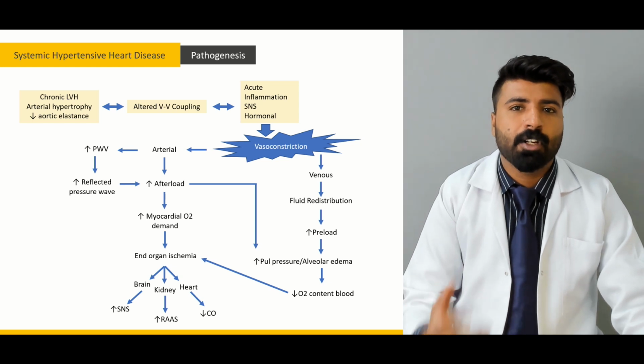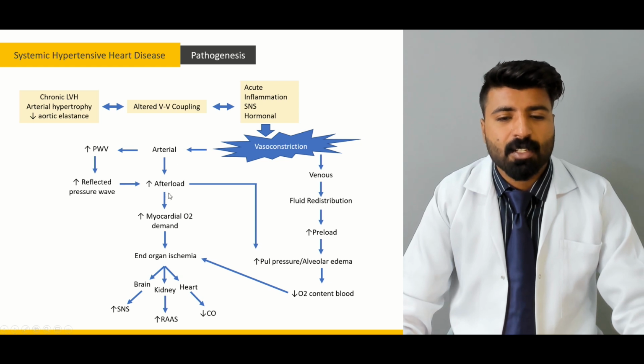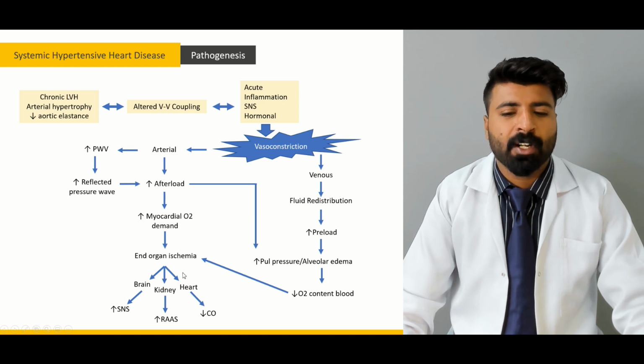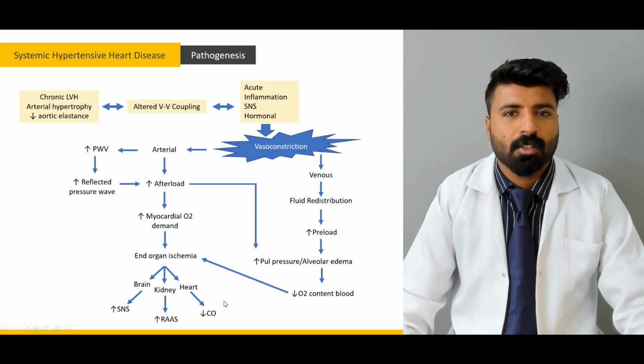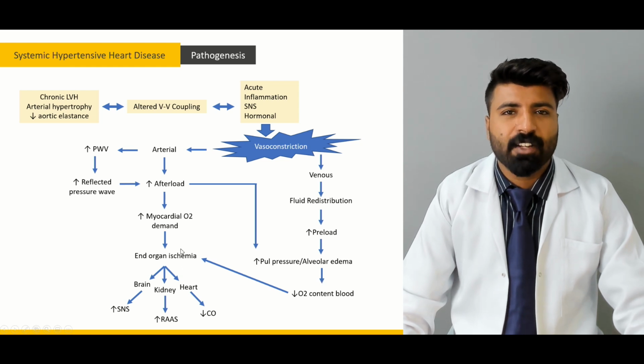But the heart needed more and more oxygen. So in this arterial overview, with increased myocardial oxygen demand, the major organ that's going to get affected is the cardiac cells, the heart.